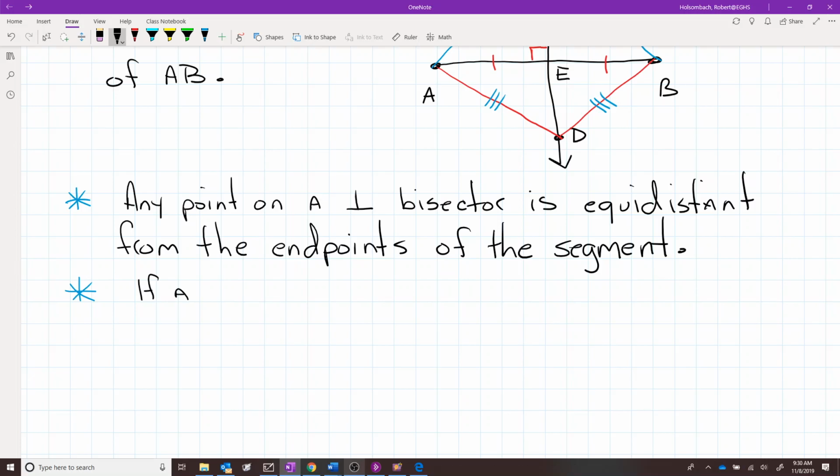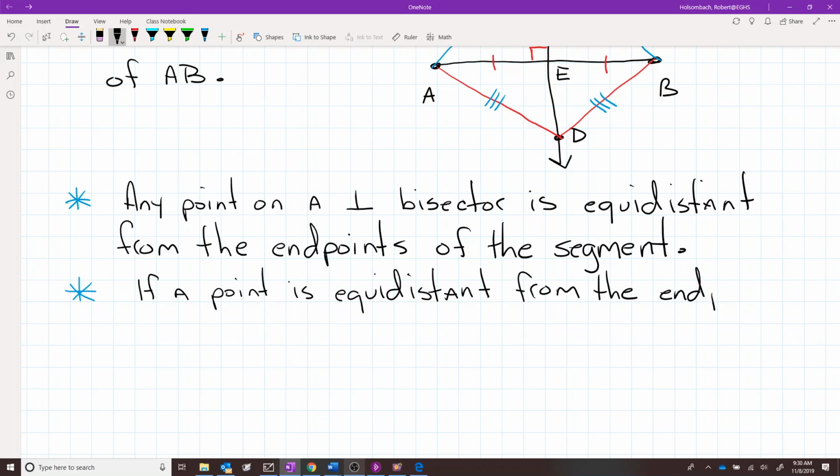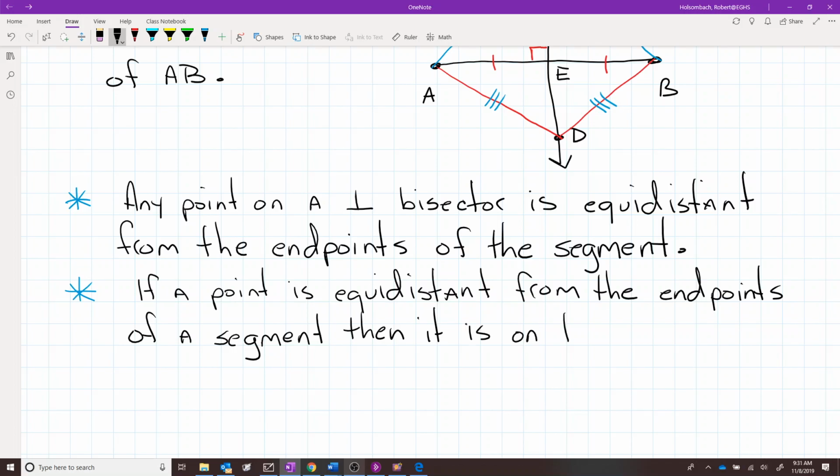If a point is equidistant from the endpoints of a segment, then it is on the perpendicular bisector.